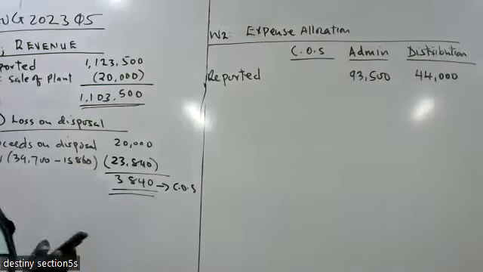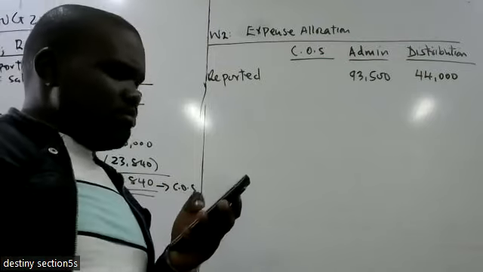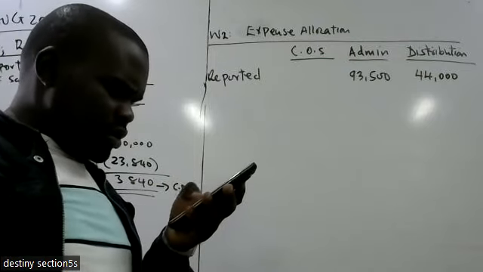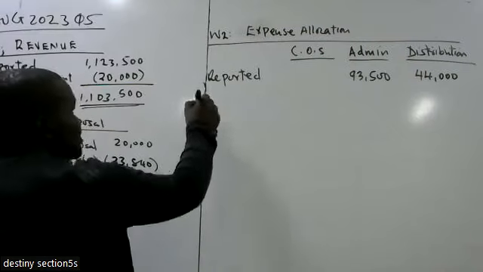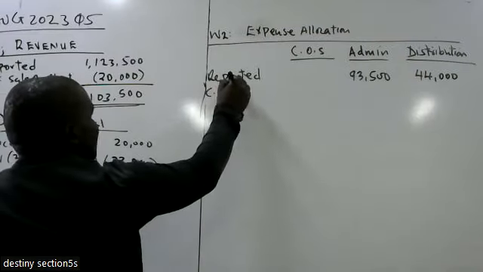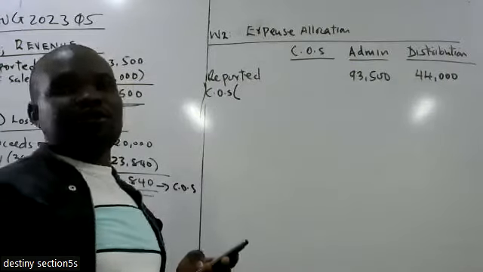Check in with me. Cost of sales, we can't see it. But in the event you are not given cost of sales, you take the opening stock plus purchases minus closing inventory.